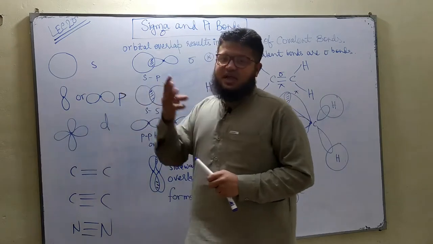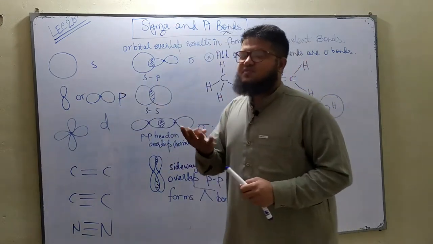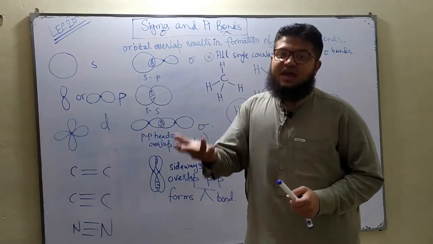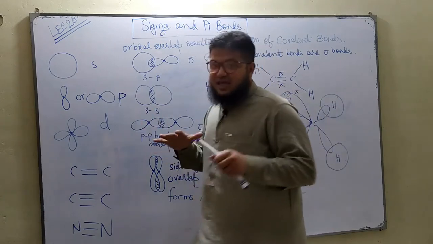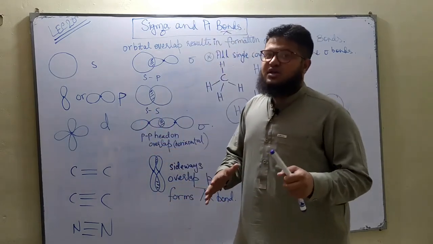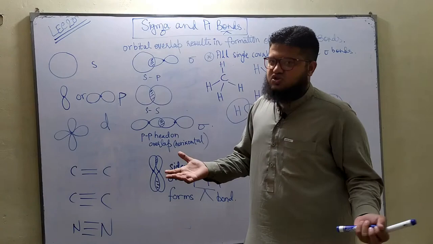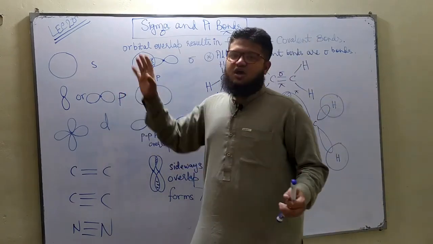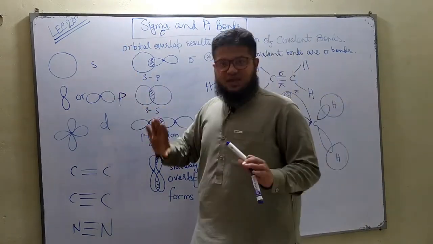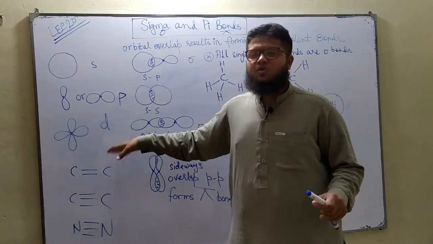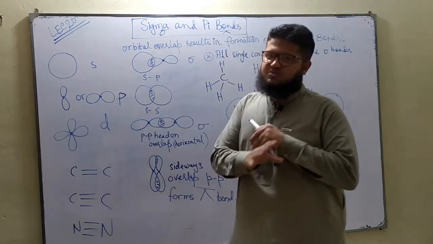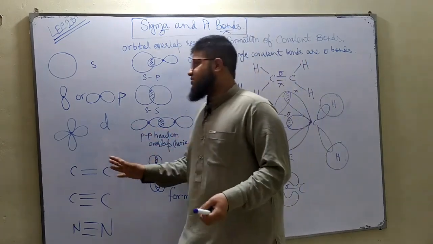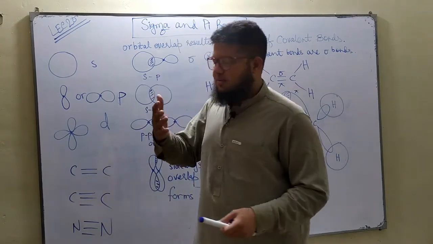The four types of orbitals we've studied are s, p, d, and f, but in AS you are not supposed to study the d and f shapes. The s and p shapes are more than enough. The d shapes will come in A2, and f shapes are not in the syllabus because they are a bit complicated.